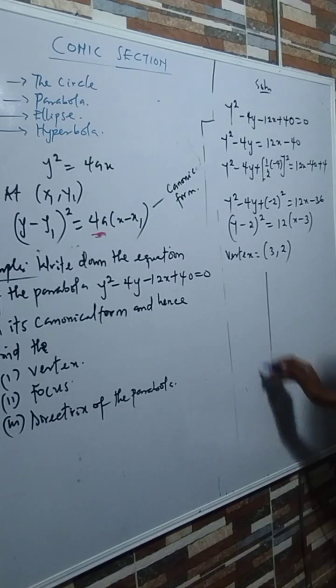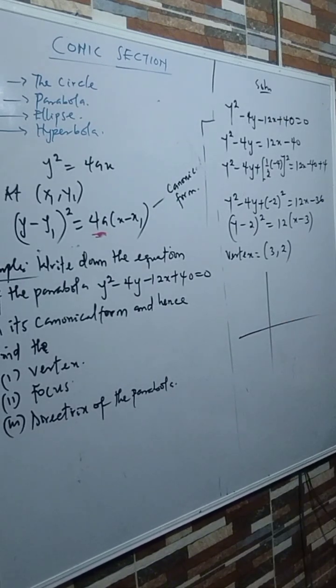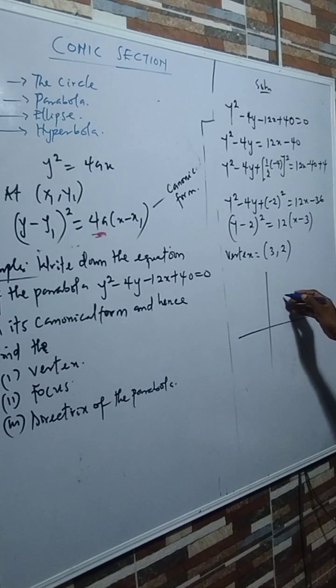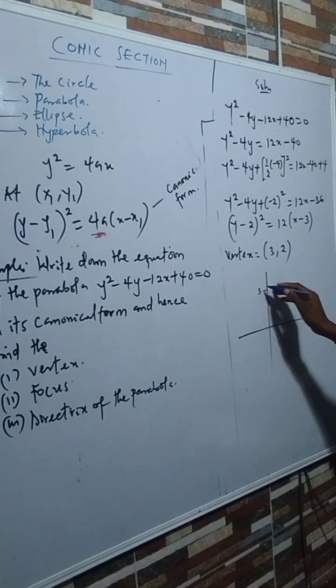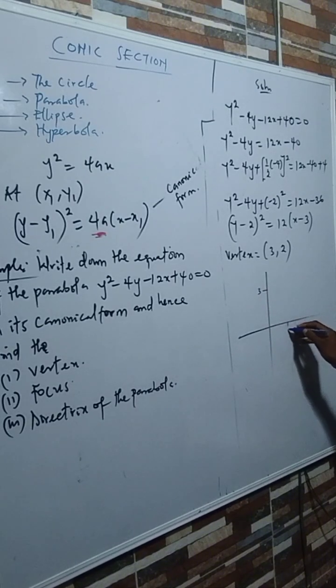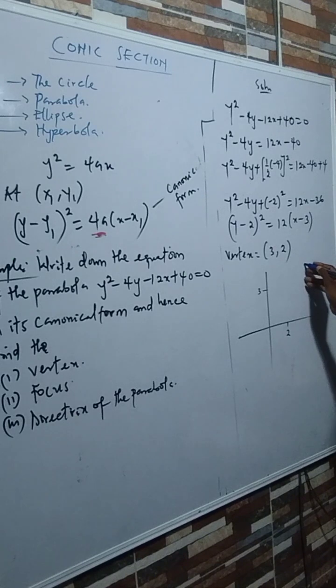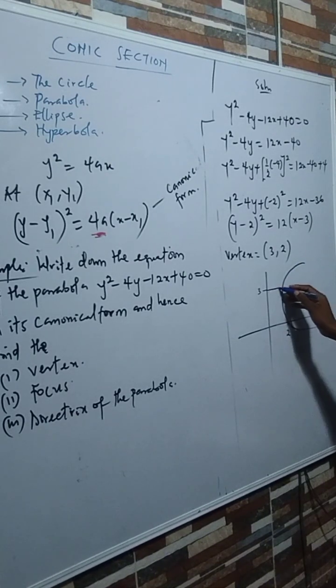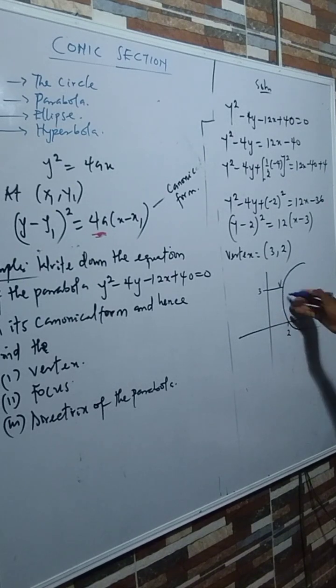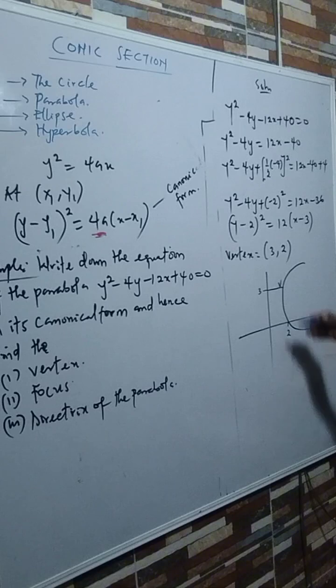So I have it as 3 and 2, maybe here is 3 and here is 2. So we have it at this point. So this is my v, showing 3, 2 at this point here.